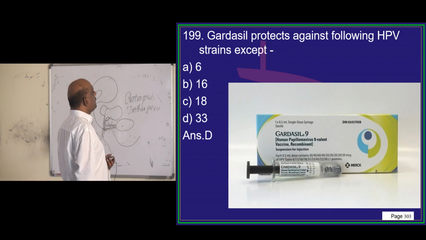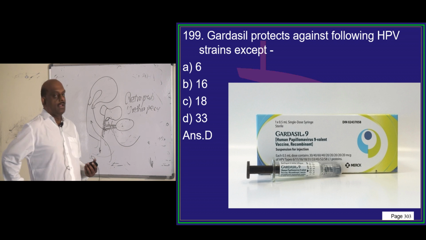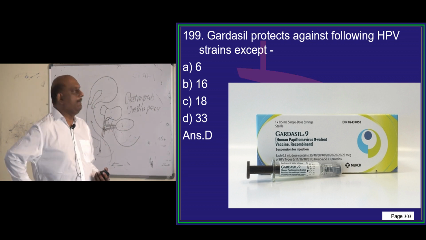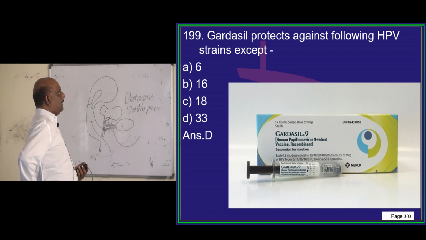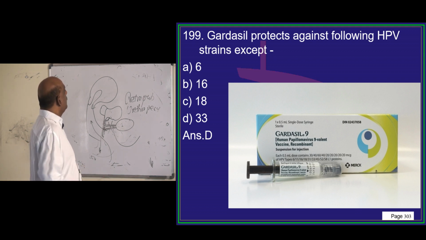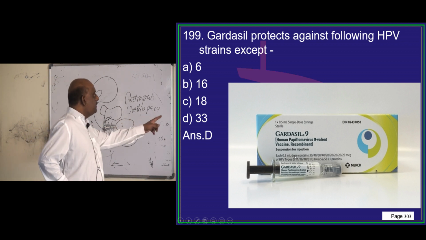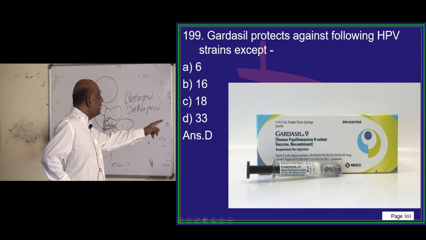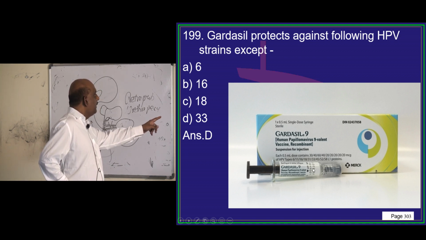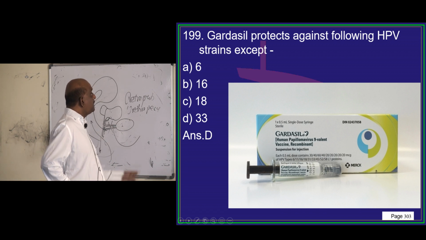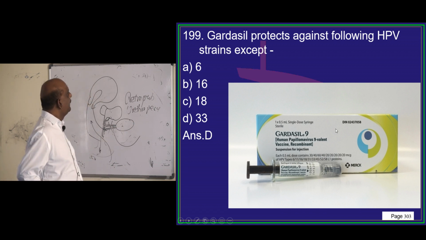Gardasil protects against what? Gardasil is the human papilloma virus 9-valent vaccine, right? So 6, 16, 18 but not 33? So 6, 11, 16, 18, 31, even 33 is there. Gardasil 9 mein hai. Okay.